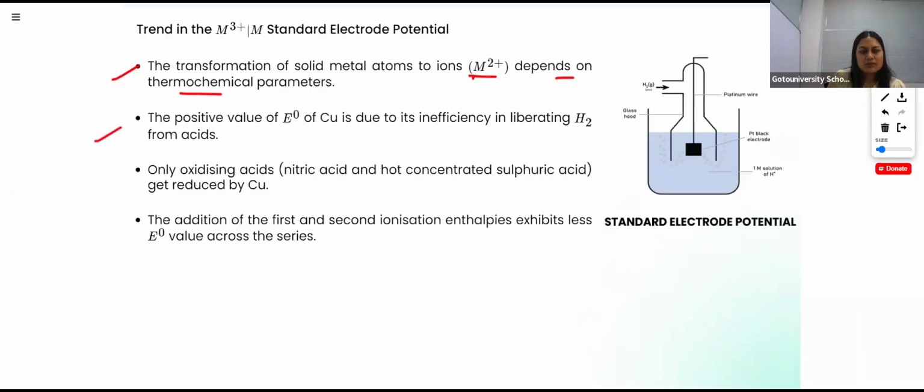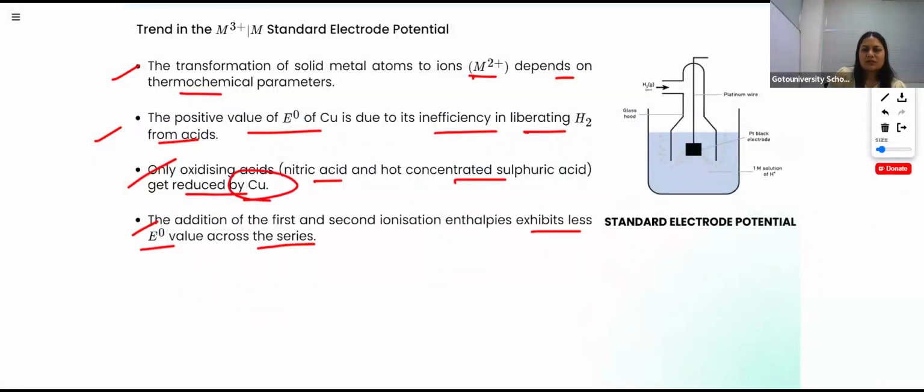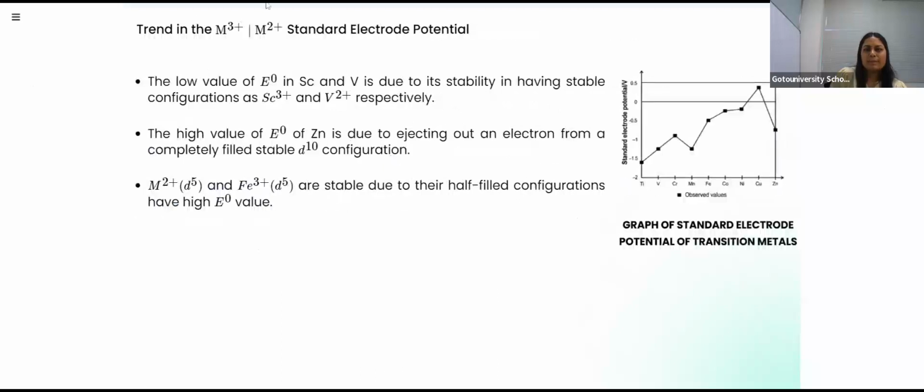The positive electrode potential of copper is due to its inefficiency in liberating H2 from acids. Only oxidizing acids, nitric acid and hot concentrated sulfuric acid, are reduced by copper. So the addition of first and second ionization enthalpy exhibits less inert values across the series, except copper, right?